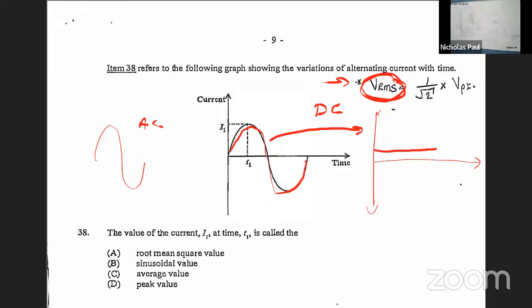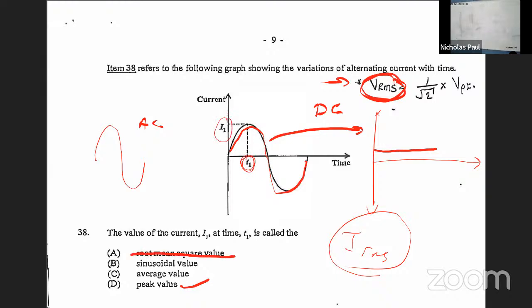The value of I at the time T1 is called the peak value. I just want to explain what they mean by RMS. RMS means average. But all they wanted is, when is T1, what is that value I1? Really, I don't know why they put this.